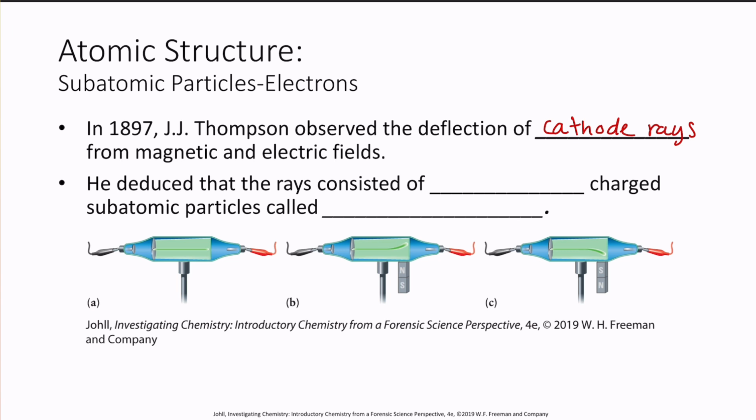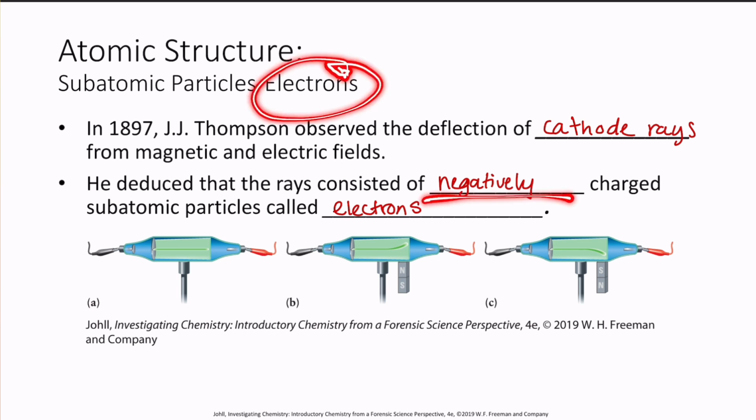So he concluded that the ray consisted of negatively charged subatomic particles, and he named them electrons. So one of the subatomic particles that we have are electrons, and they are negatively charged.